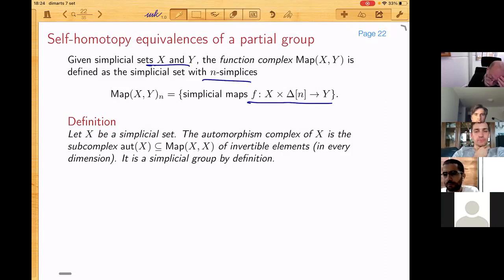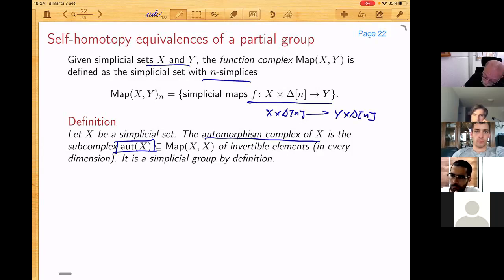So for a simplicial set, the automorphism complex of X is the subcomplex, which we will write like this, of invertible elements. That means invertible in every dimension. Maybe if you want to invert, you want to extend and write this this way, or in the second component you just take the projection, right? And then it's clear what you mean by the inverse of this, right? So this is going to be a simplicial group, very classical.